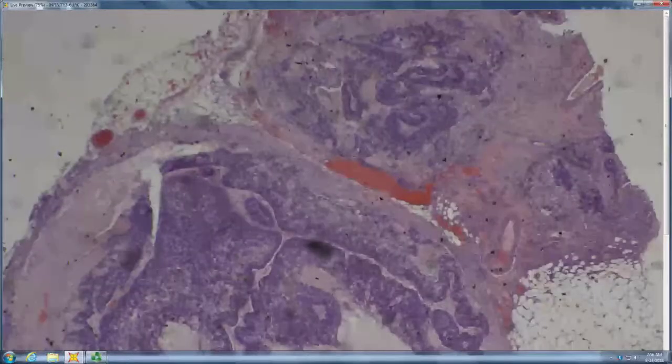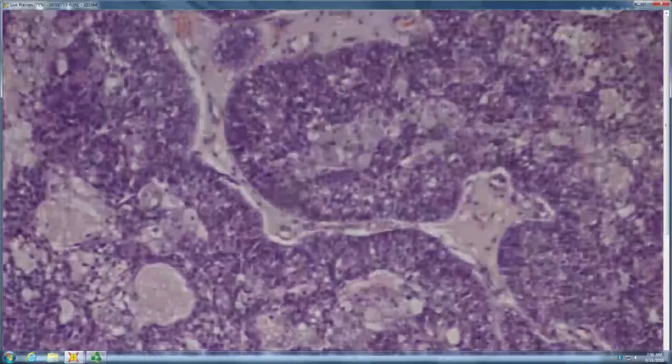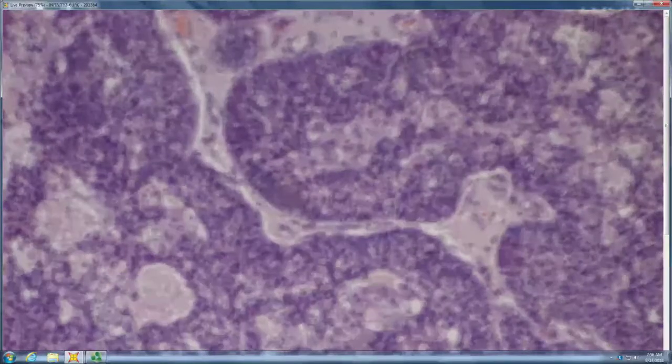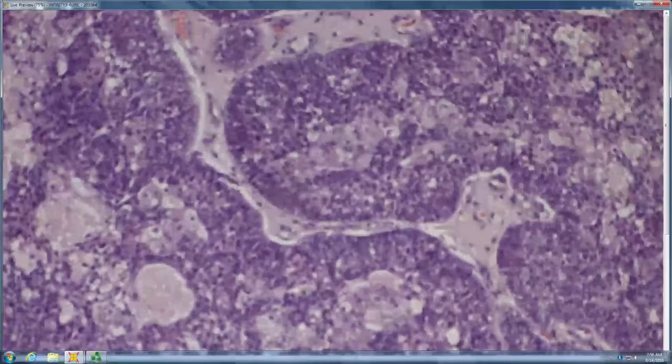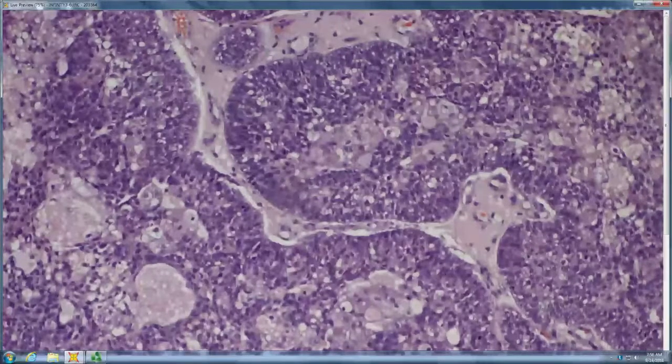Some large nodules of basaloid cells. So when you say large nodule basaloid, you're suggesting that it's predominantly blue, right?